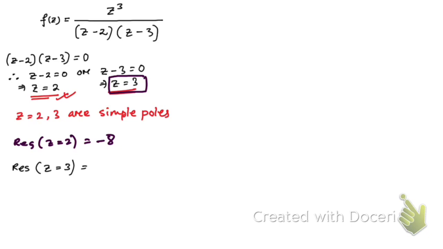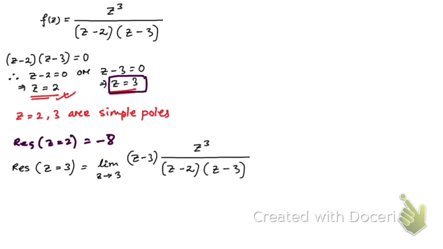This is also a simple pole, so we can apply limit z tends to 3. So we have to multiply z minus 3 with the given function. This is the given function. So with this, z minus 3 cancels. So what we have is limit z tends to 3 of z cube divided by z minus 2. As z tends to 3, we're going to put z is equal to 3.